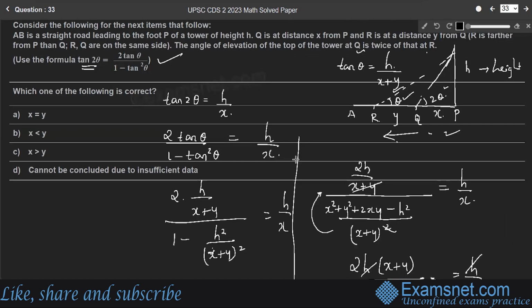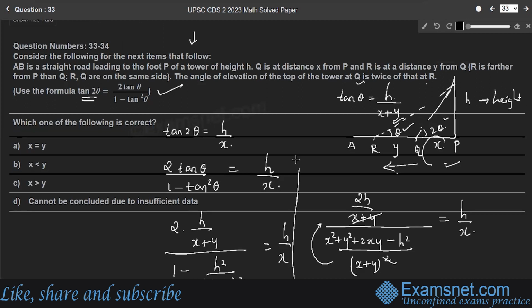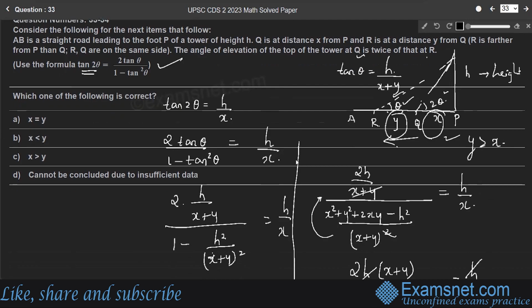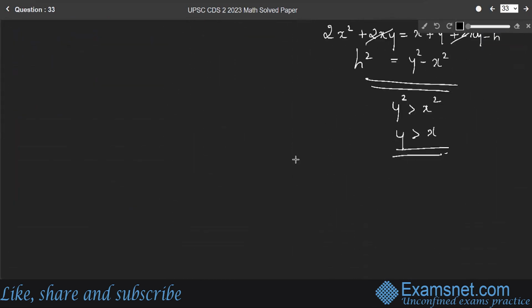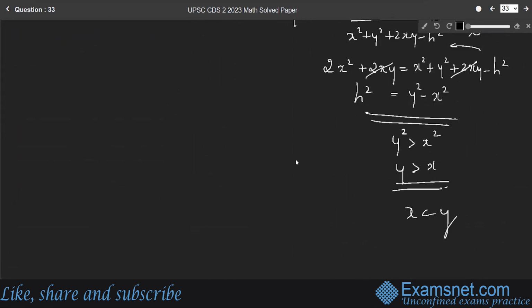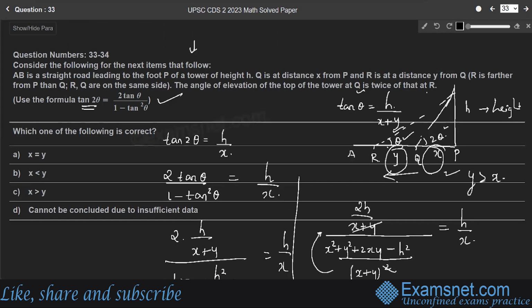To get the height of the tower, we have to have the values of x and y in such a way that y should be greater than x. So this RQ distance should be greater than PQ, right? If y is greater than x, that means x is less than y. Therefore, which one of the following is correct according to the question? X is strictly less than y, right? So option B is the right answer.